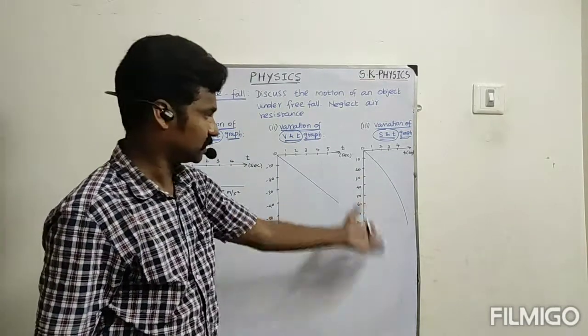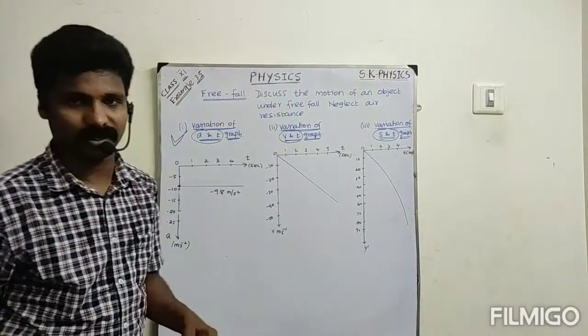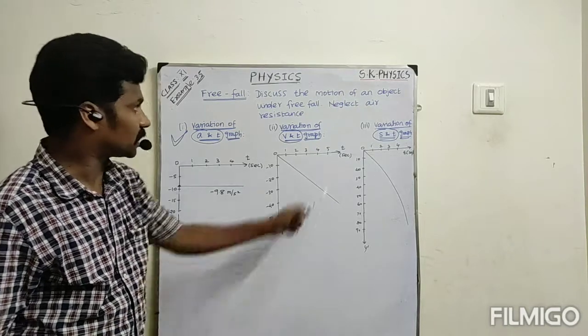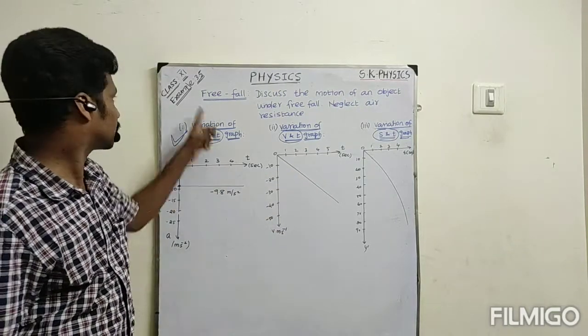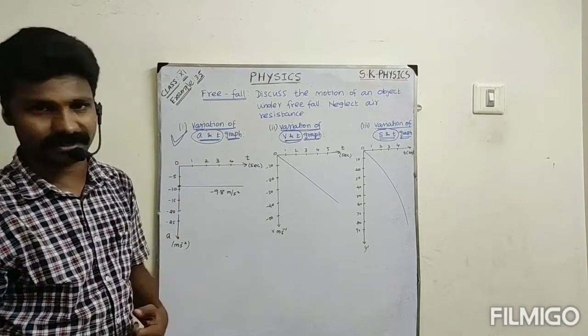It is increasing. It is an approximate diagram. Anyhow, it is not uniform; the value is gradually increasing. Regarding position and time, in example problem 3.6 we are going to calculate accurately.